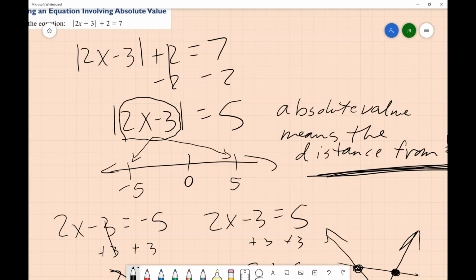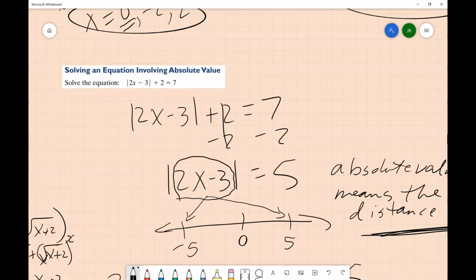I want to show you that you could also solve this in your calculator if you know how to type it in. We're going to put the left side into y1, and we're going to put the right side into y2. Let me pull up my calculator.